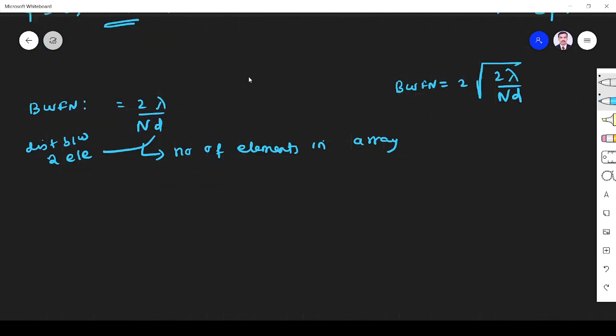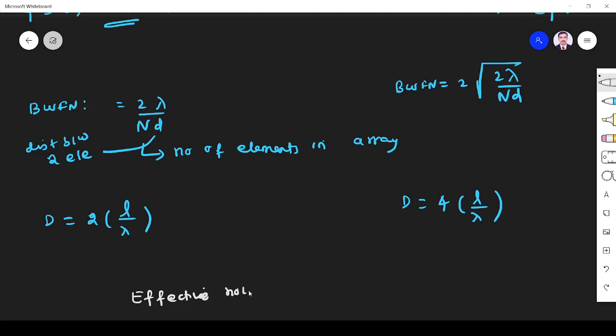So this is another important thing we have to know. For a broadside array, directivity is 2 into L by lambda. For end fire array, directivity is 4 into L by lambda.